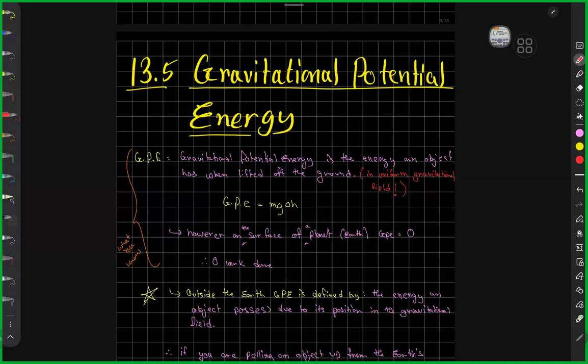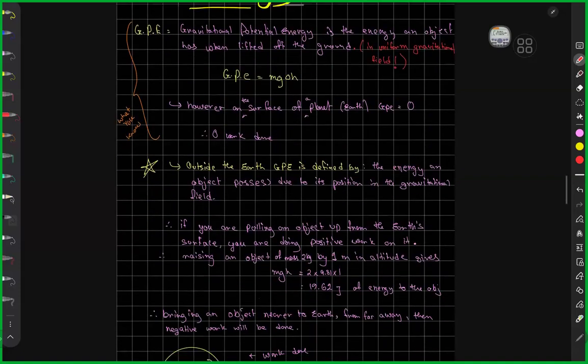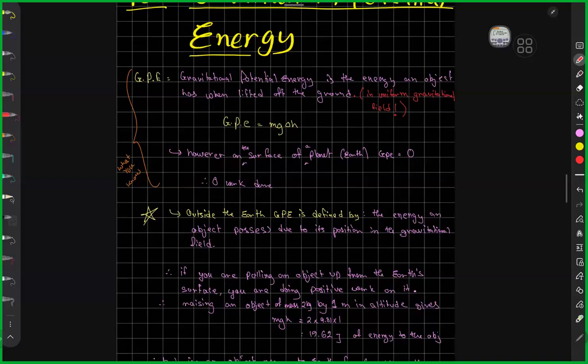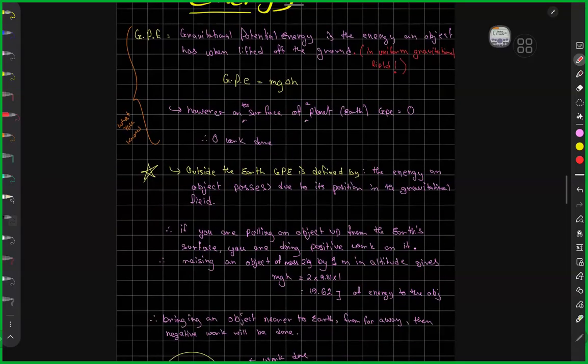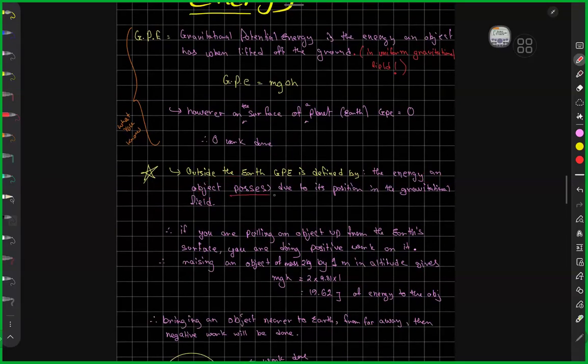Why? Let's see. What is the true definition of gravitational potential energy that you guys need to know? It is the energy that an object possesses due to its position in the gravitational field. Notice this definition.